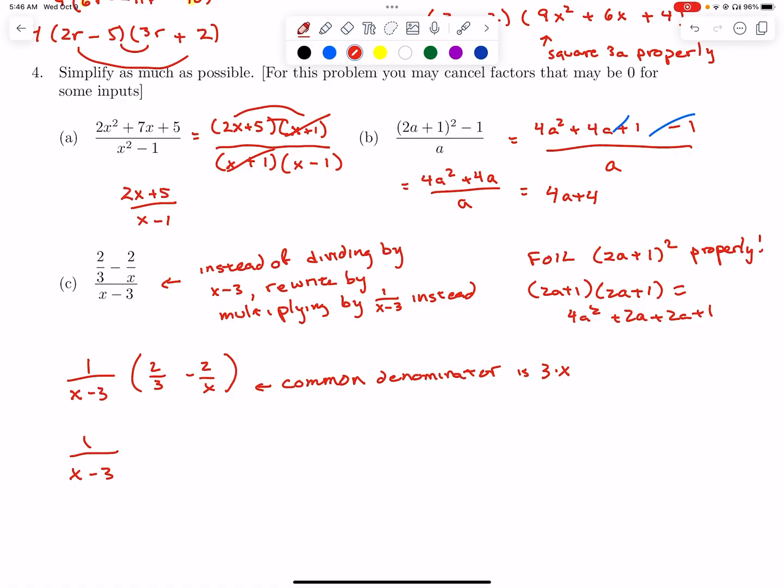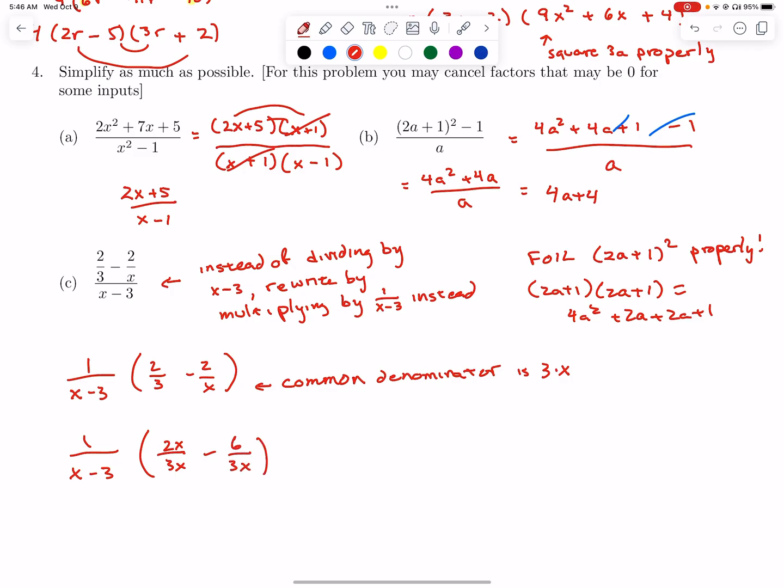I write it first so I don't forget it. Let's see. 2/3 you multiply by x, and 2 you multiply by 3. Once you have the common denominator, you write it as a single fraction.